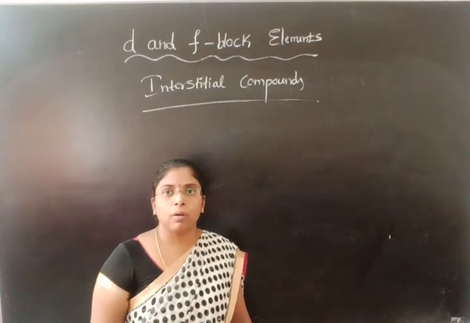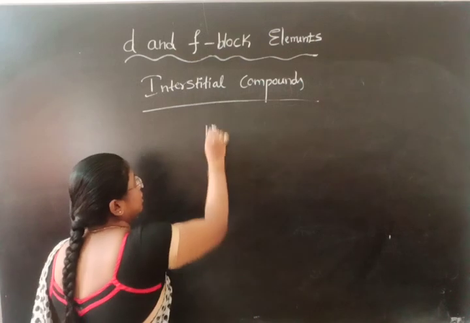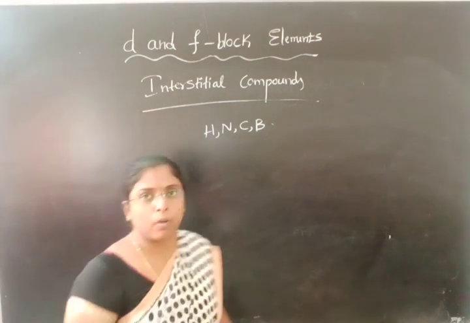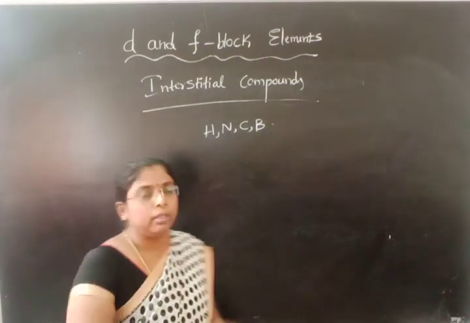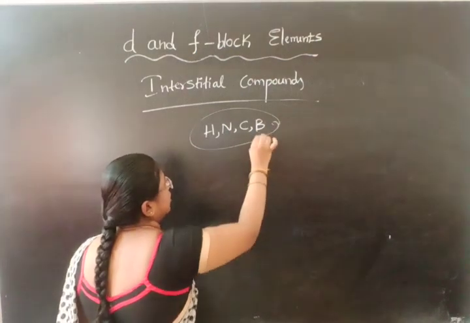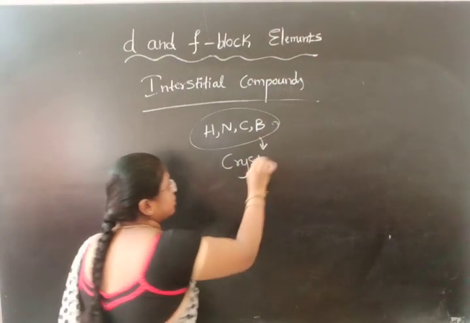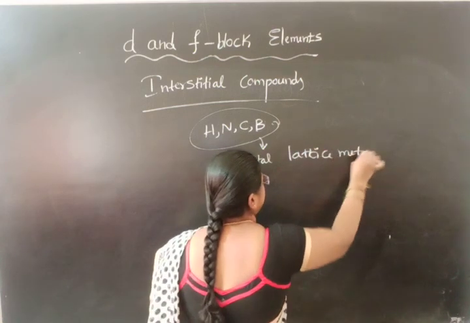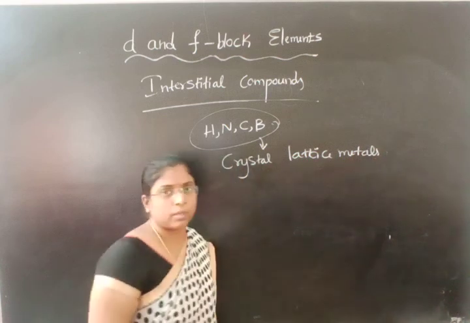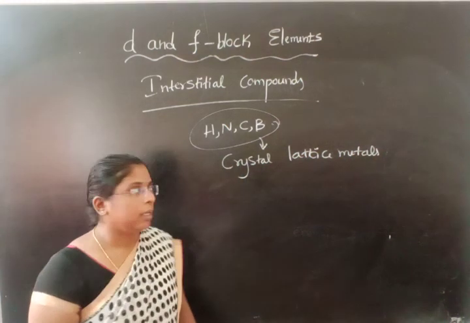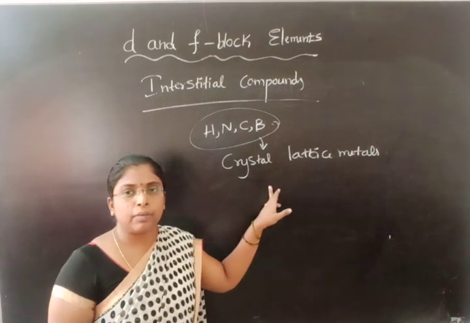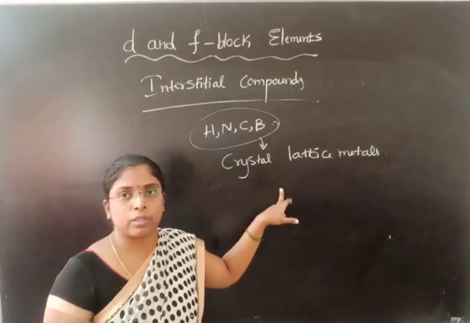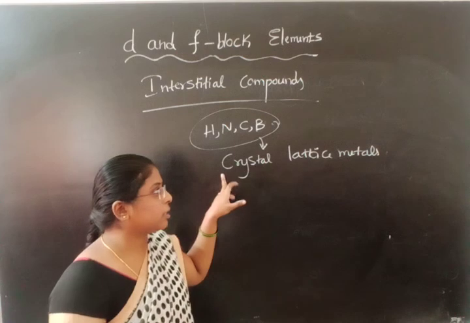Small elements like hydrogen, nitrogen, carbon, boron are trapped into the crystal lattice of a metal. When they are trapped into the crystal lattice of a metal, they form interstitial compounds. These small elements are trapped in the cavities of metals.